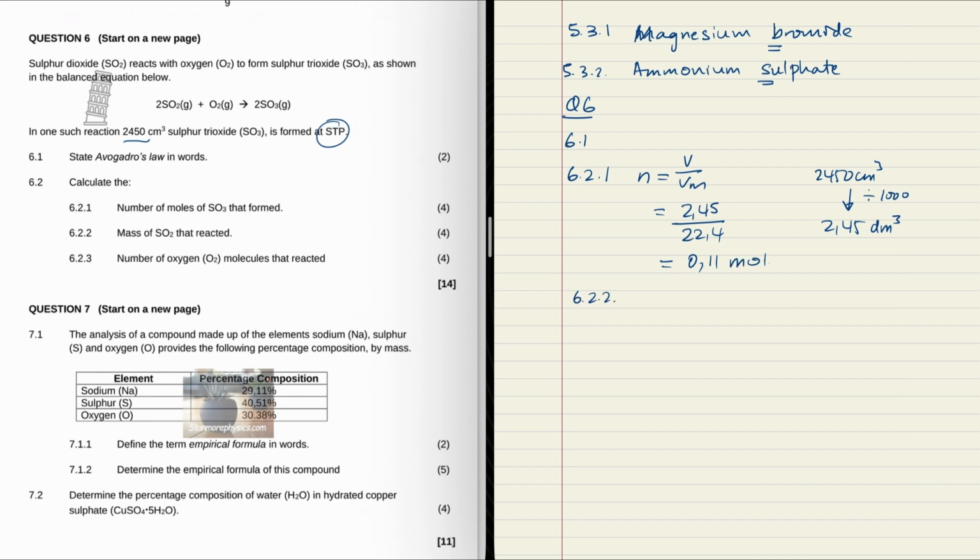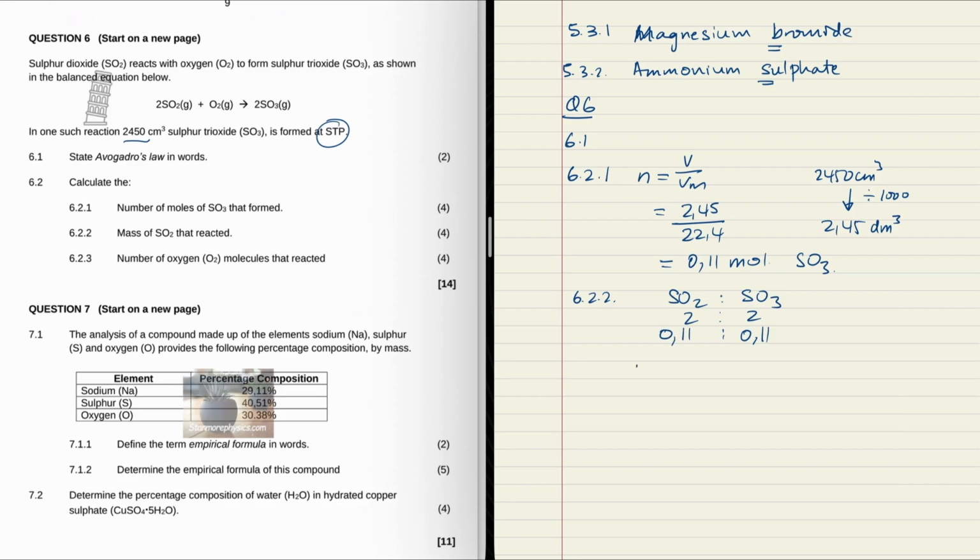Question 6.2.2, calculate the mass of SO2 that reacted. So now that we know the moles of SO3, we can do a mole ratio. So SO2 to SO3 is a 2 to 2 ratio, which is essentially 1 to 1. So if I have 0,11 moles here, I'm going to have 0,11 moles there.